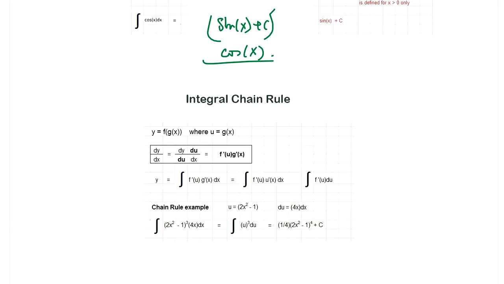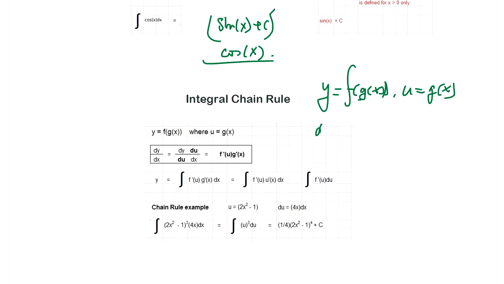Okay, now the integral chain rule. Now y equals f(g(x)), u equals g(x). So it's a function of a function, right? How do you do that?